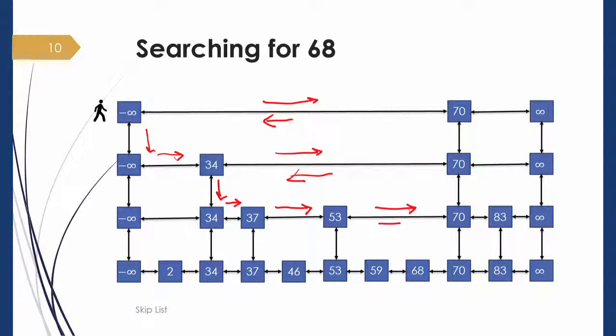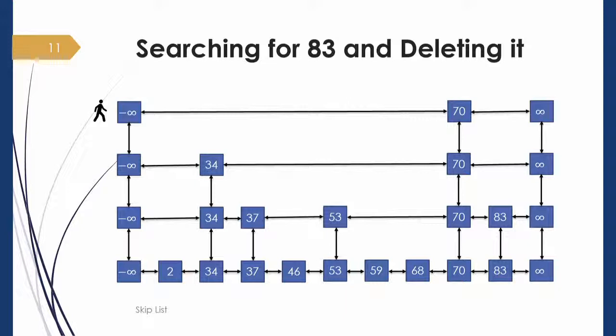So, we come back again to 53, go down one level, and we start searching from 53, we go to 59, and then we find our 68. So, this is the manner in which we search for elements in a skip list. And of course, you can very easily imagine small variations of this search mechanism, but this is one concrete way to perform search within a skip list.